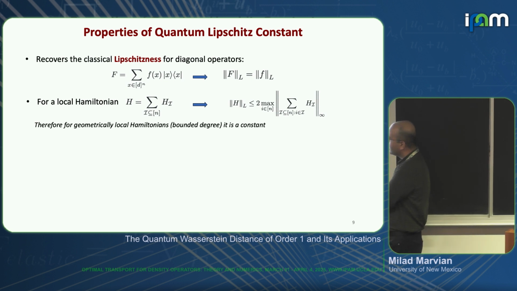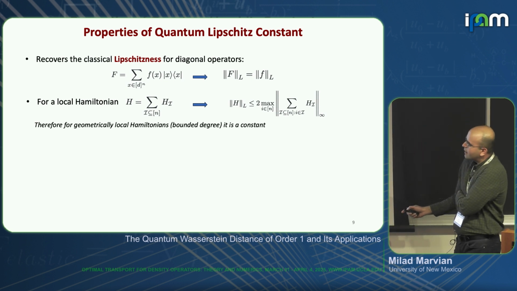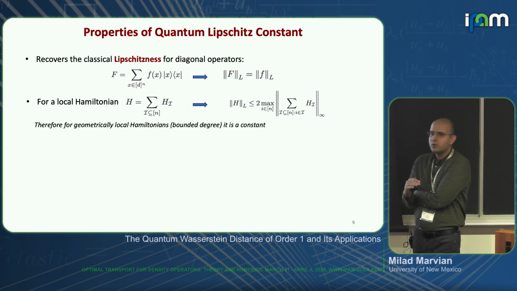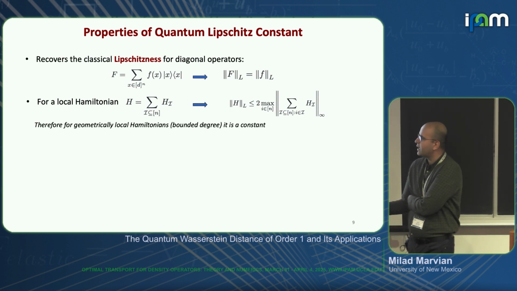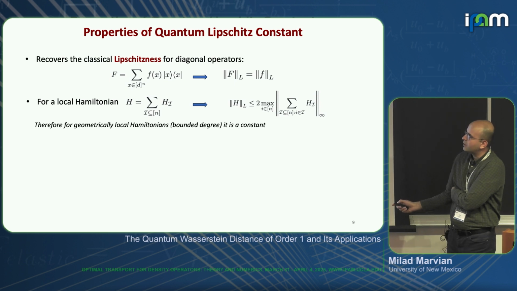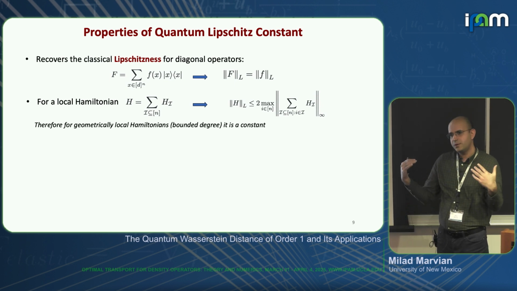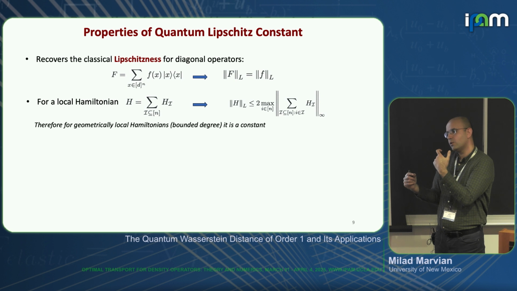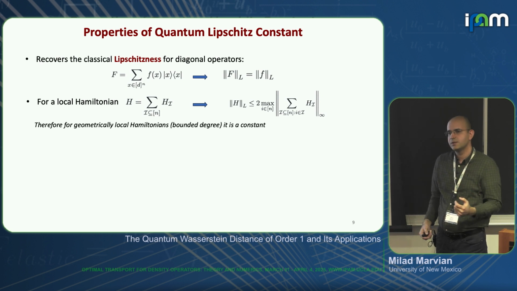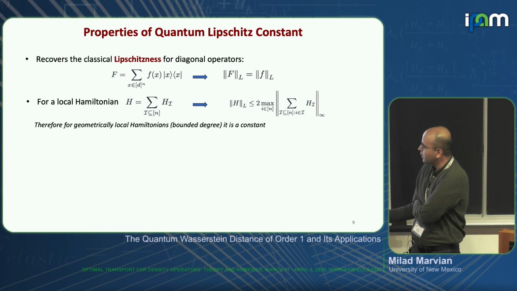And that is for local Hamiltonians, and by local here, I mean I can write my Hamiltonian as a sum of a bunch of terms. Each one of these terms is only defined non-trivially on a few qubits and acts trivially on the rest of the qubits. So that's the definition of the local Hamiltonian I'm using.